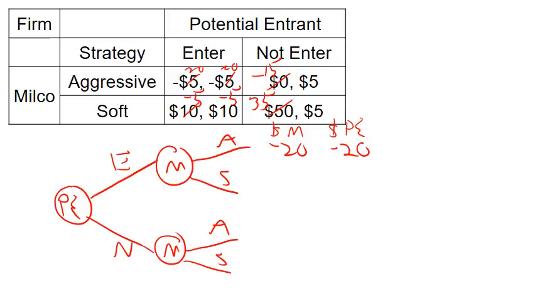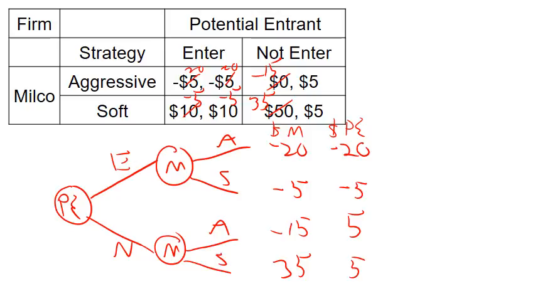Enter soft is going to give minus 5, minus 5. Not enter aggressive is going to be minus 15 and 5. And then we're going to have 35 and 5.